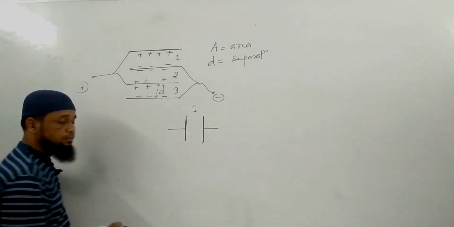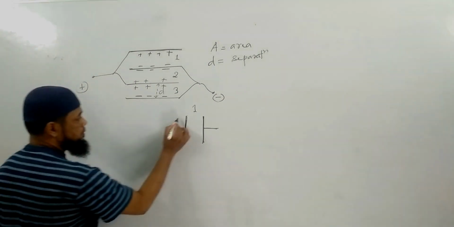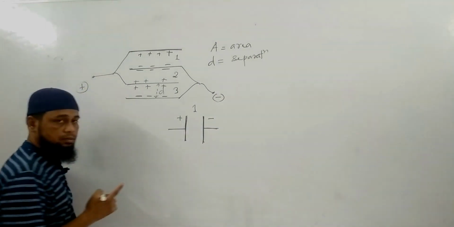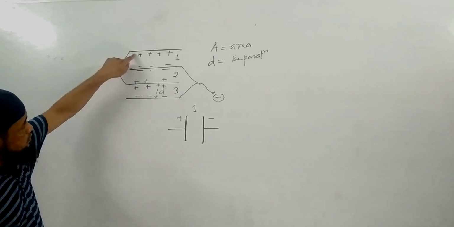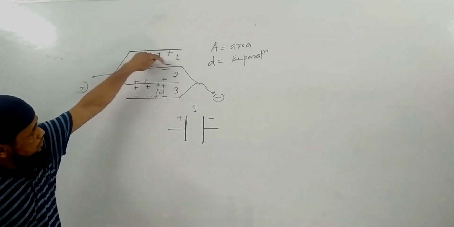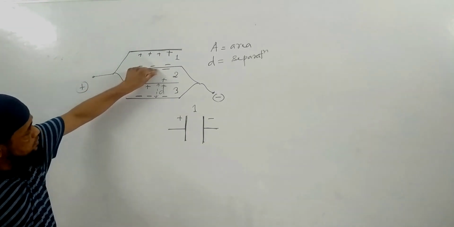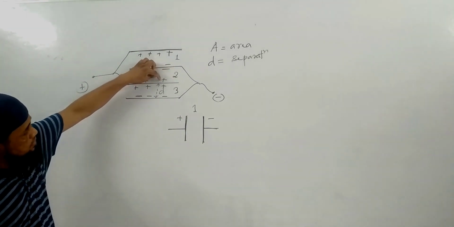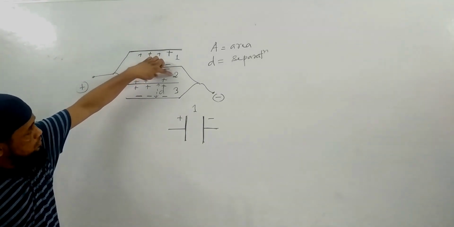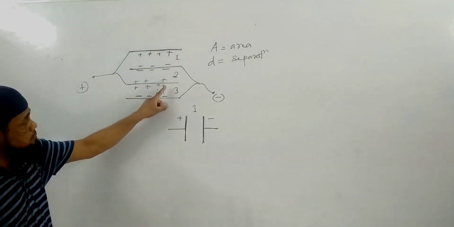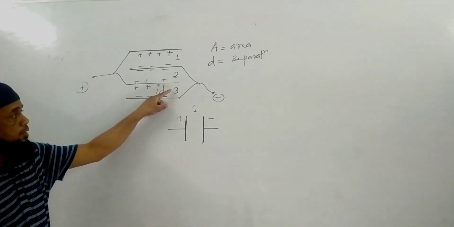This is capacitor 1. This is the positive plate of the capacitor. This is the negative plate of the capacitor. This surface represents the positive plate of capacitor 1. This surface represents the negative plate of capacitor 1. This surface represents the negative plate of capacitor 2. This surface represents the positive plate of capacitor 2. This particular surface represents the positive plate of capacitor 3.